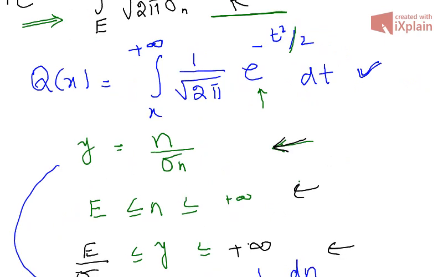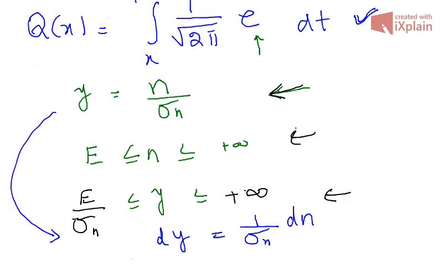Now using this set, I can rewrite my integral for the probability of error.